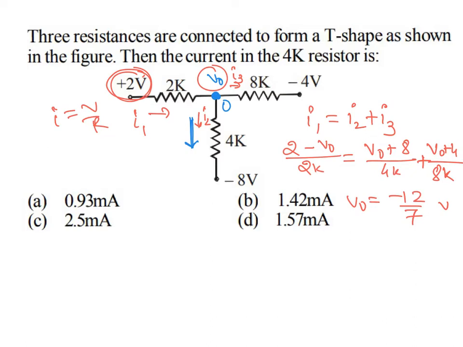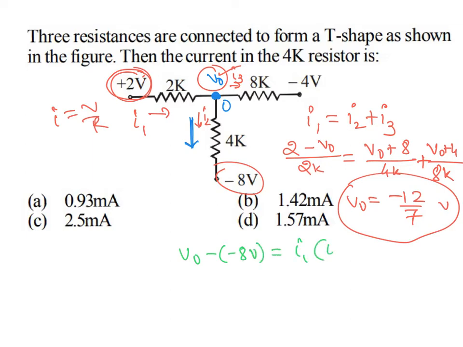Once I got the value of V naught, I can use Kirchhoff's voltage rule between V naught and this minus 8 volt. So V naught minus of minus 8 volt must be equal to I into 4K.